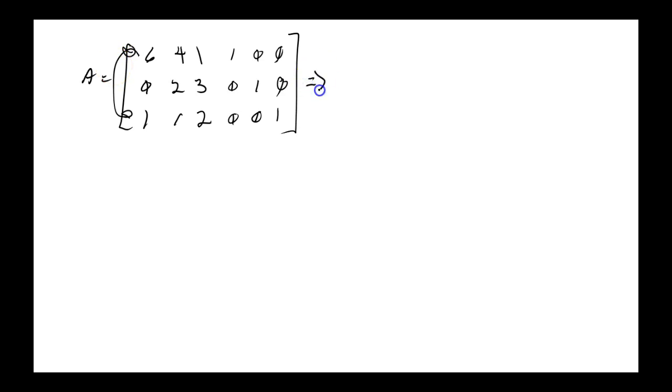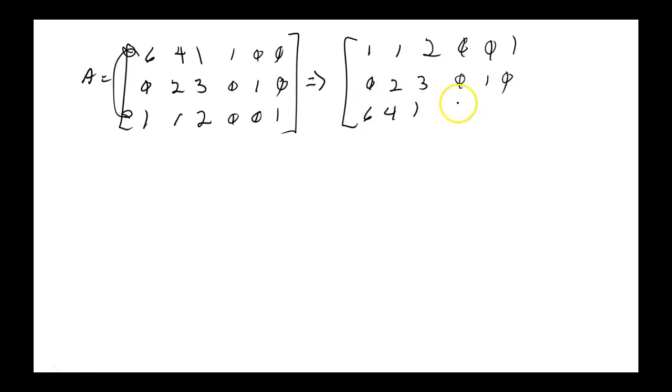So this would be equivalent to 1, 1, 2, 0, 0, 1, 0, 2, 3, 0, 1, 0, and 6, 4, 1, 1, 0, 0.